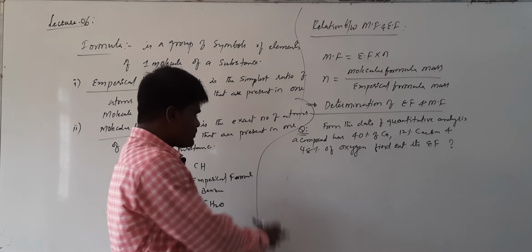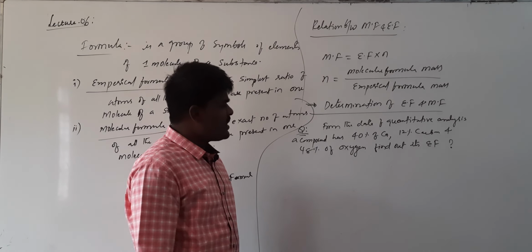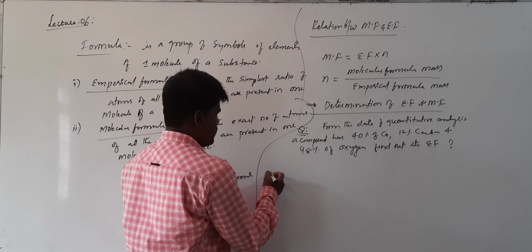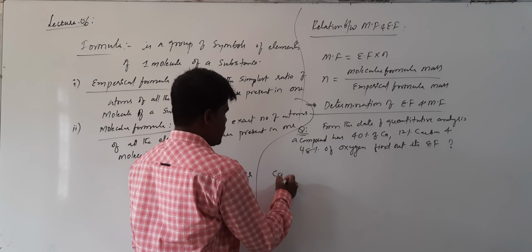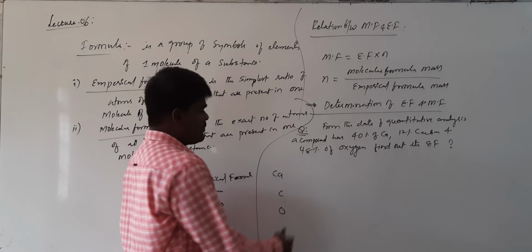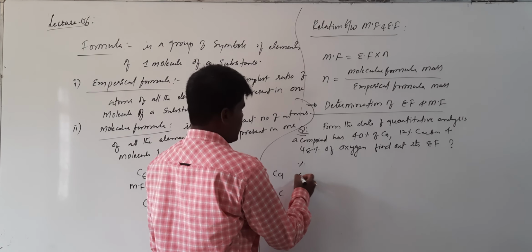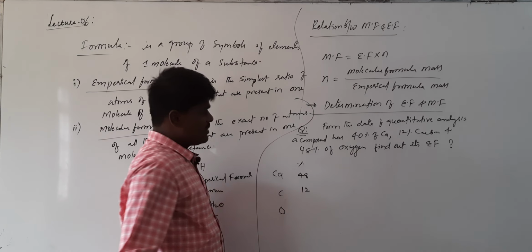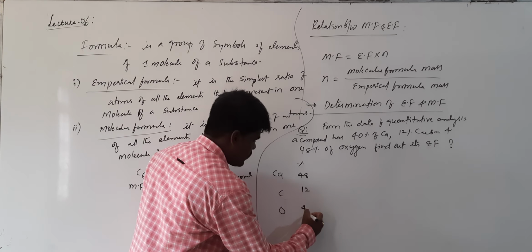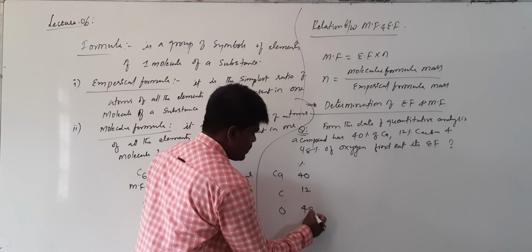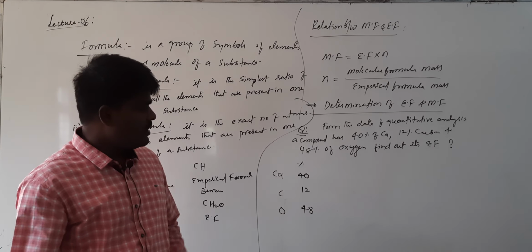First of all, the compound is made of three elements: calcium, carbon and oxygen, right? What are the percentages given? Calcium is 40%, carbon is 12% and oxygen is 48%.